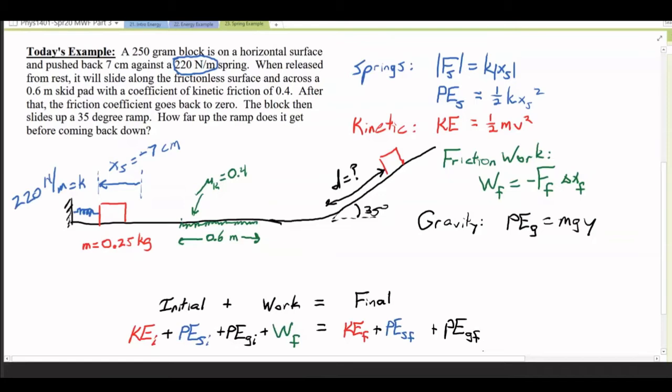So I'm going to work right here on this screen before I scroll down, and let's calculate how much energy all these things are.